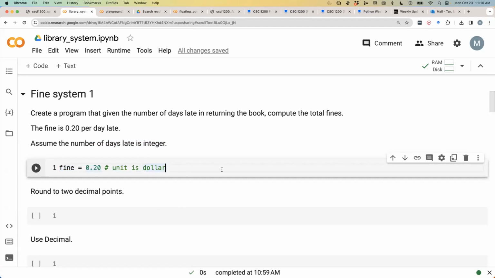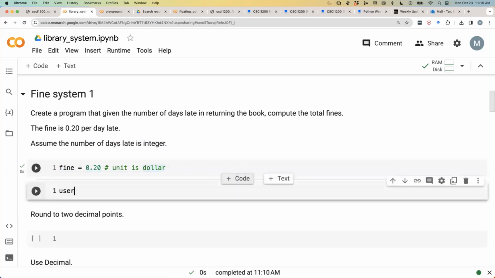Okay, now I'm going to ask the user for input, which is the number of days late. So days late is equal to the user input. Input: enter the number of days late in returning the book.